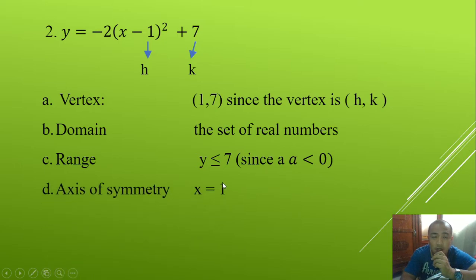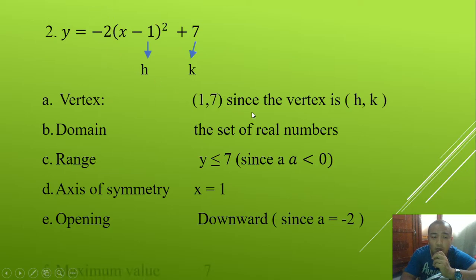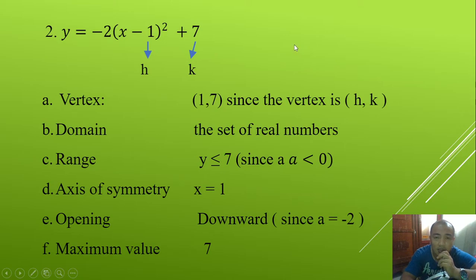Next, axis of symmetry is x equals h. So x equals 1. Opening downward because a is negative, negative 2. And the maximum value, since this is a parabola that opens downward, the vertex is at its most, at its maximum value.